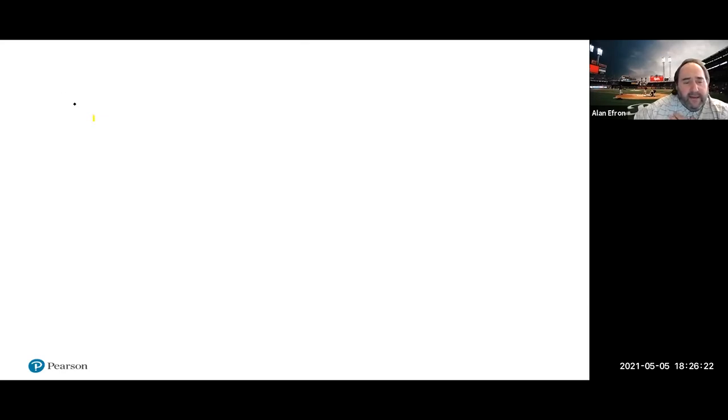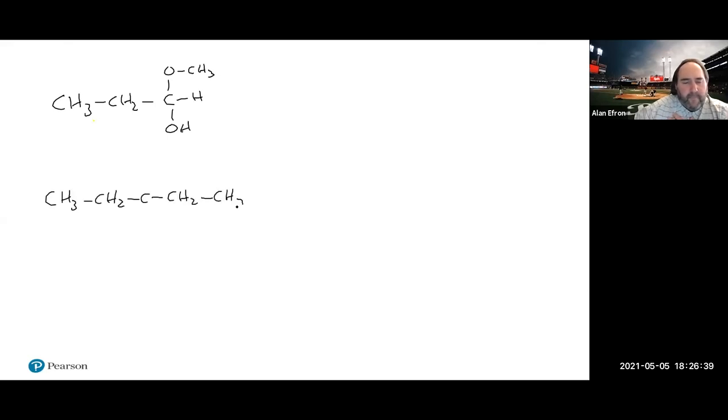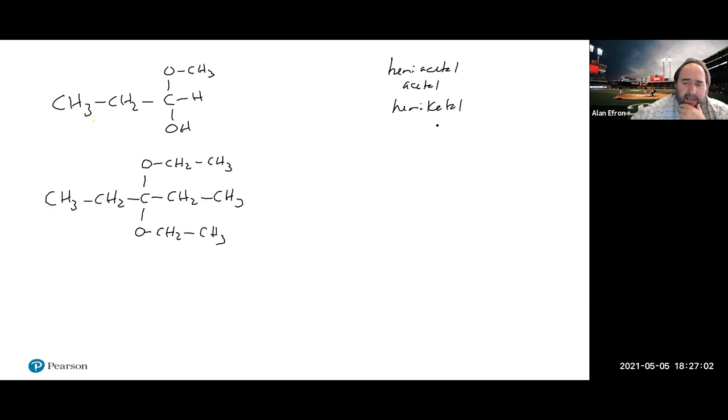So for example, if I had this structure here and I was looking at it, and I had this structure here, and I want to know, is this a hemiacetal, an acetal, a hemiketal, or a ketal?